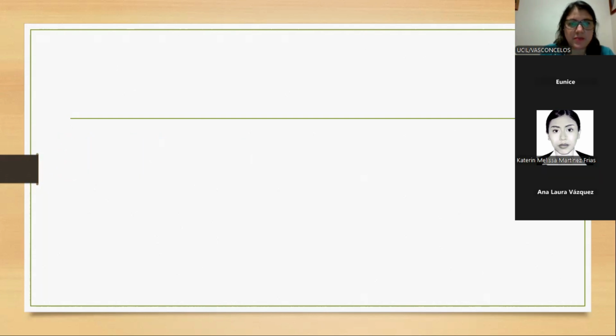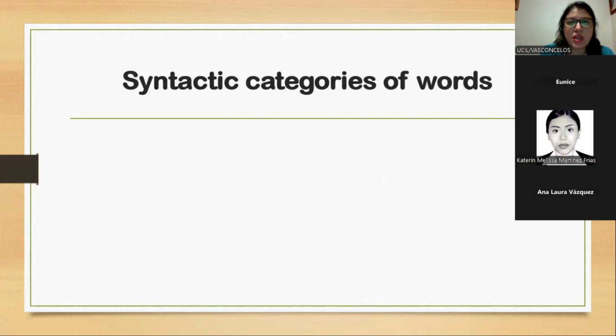Well, then we have syntactic categories of words. What are the syntactic categories, teachers? You can use the chat if you cannot speak or open your microphone, maybe because of technical problems.